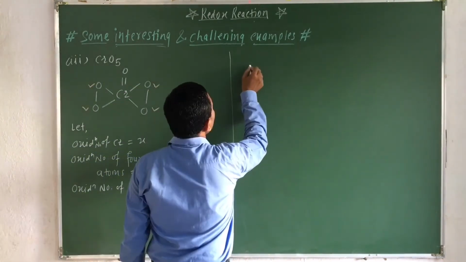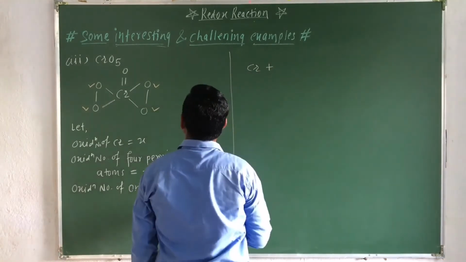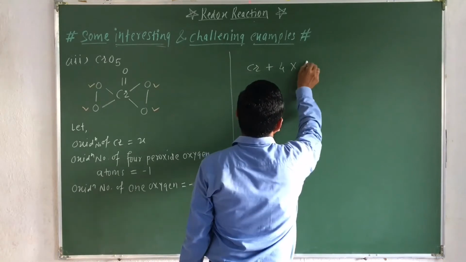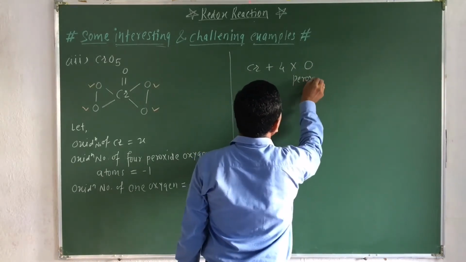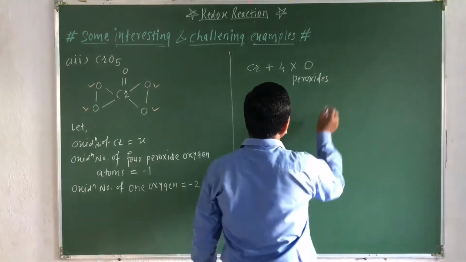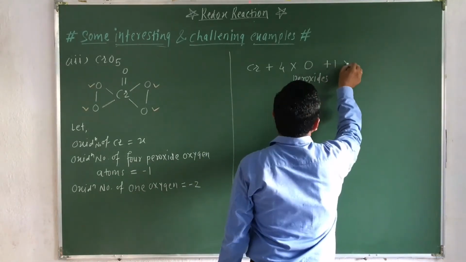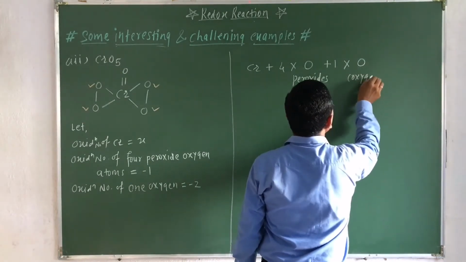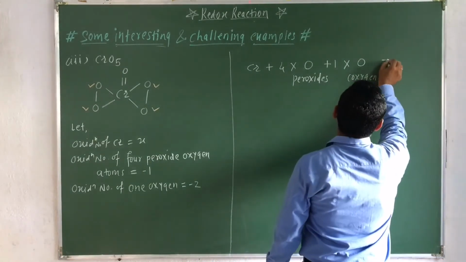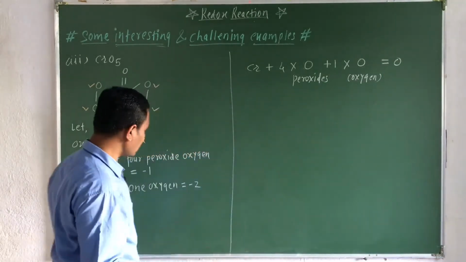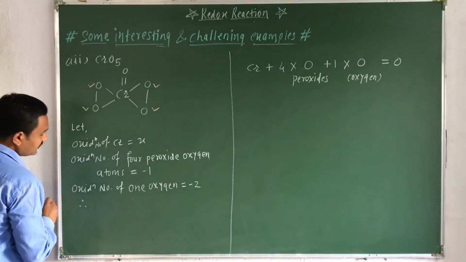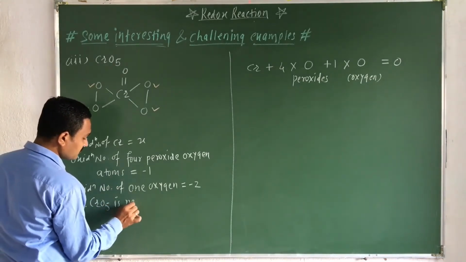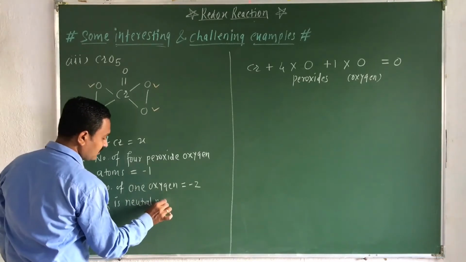In the simple manner, that is oxidation number of your chromium plus 4 into oxidation number of oxygen, but those oxygen atoms are your peroxides, plus 1 into oxidation number of oxygen atom, that is our simple oxygen atom, which is equal to, as this molecule is neutral, so again I forgot to write here that CrO5 is a neutral molecule.